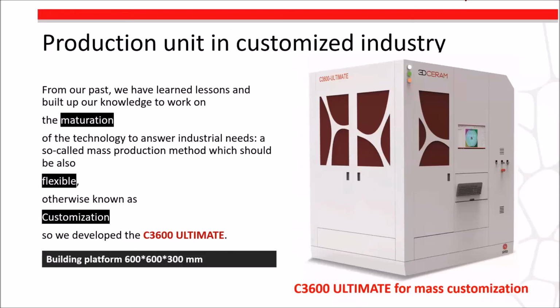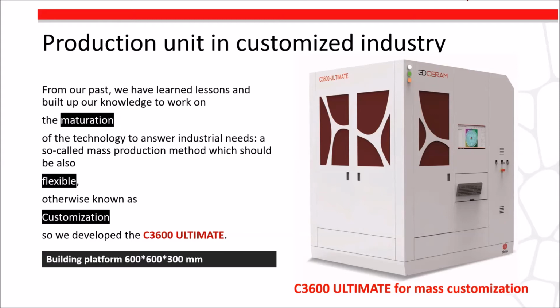That's the very last machine developed at 3DCERAM. We have one machine here to print big parts or to print lots of parts. That's the main advantage of such a machine. For example, I wanted to show you, I cannot share my screen, a very big mirror for satellites. We built it with a diameter of 500 millimeter.